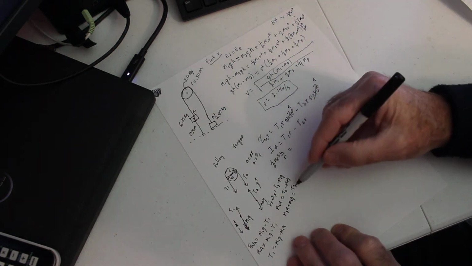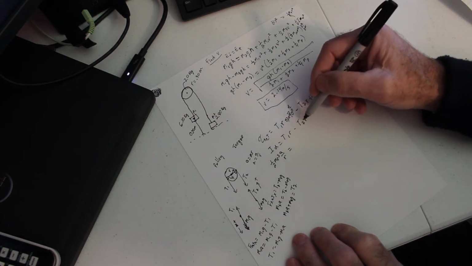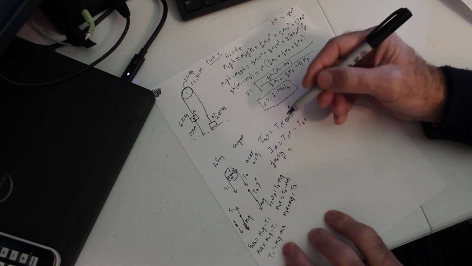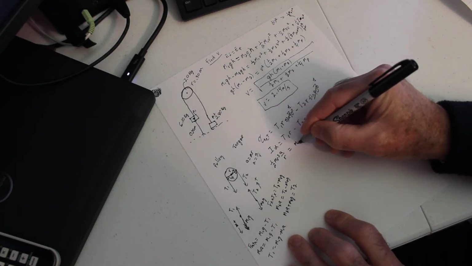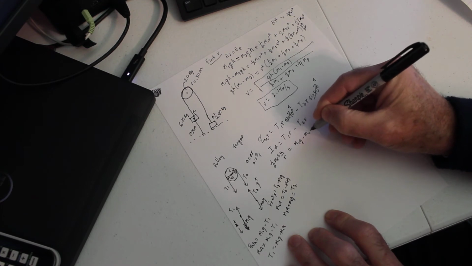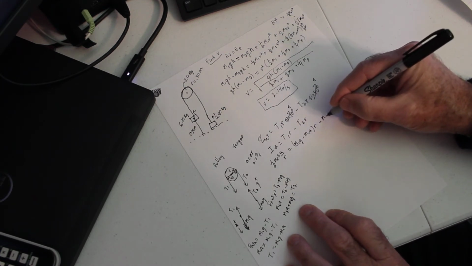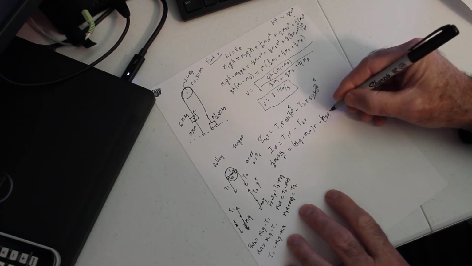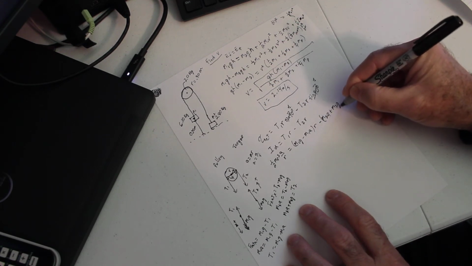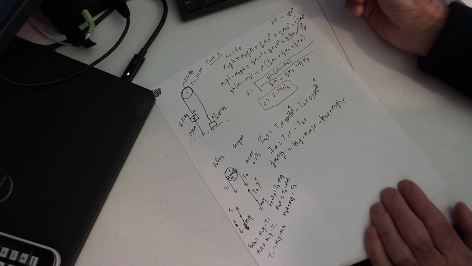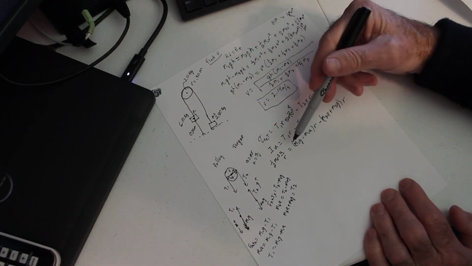Now I have to plug those back in here for T1 and T2. So for T1, I'm going to put in M1G minus M1A, all that times R, minus T2, which is M2A plus M2G, all that times R. So our simple equation is getting a little more complicated.